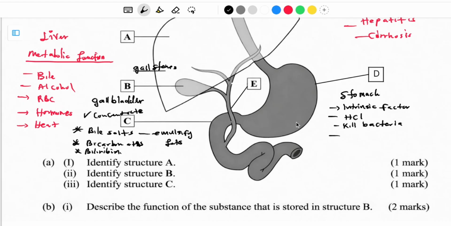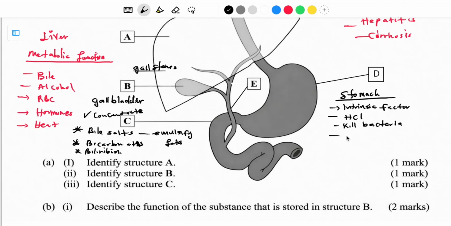So pepsin is activated by hydrochloric acid. Once hydrochloric acid is produced, it is going to convert pepsinogen. Pepsinogen is the inactivated form of pepsin. So hydrochloric acid is going to change pepsinogen into pepsin, which is now going to break down proteins in the stomach.